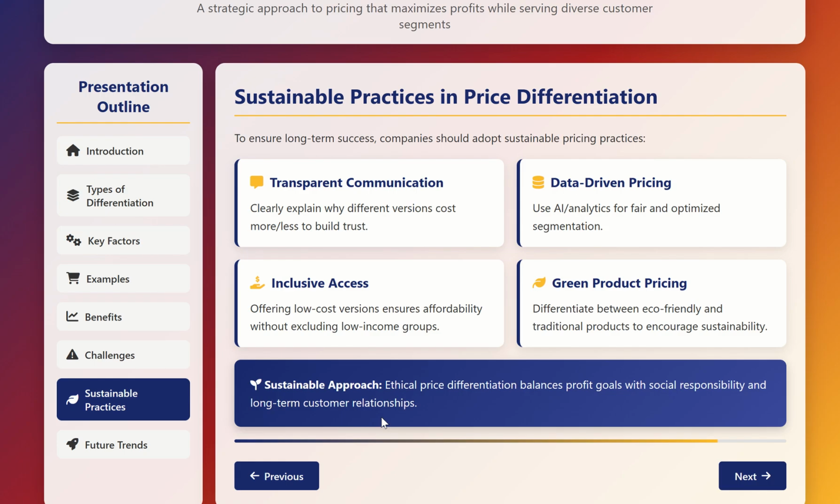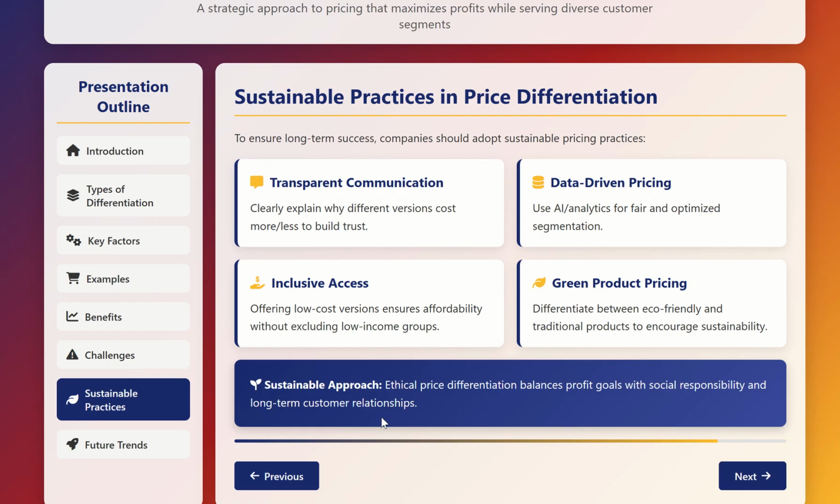First is transparent communication. Clearly explain why different versions cost more or less to build trust. If you are offering iPhone 16, iPhone 10, iPhone 12, you must have a reason why their prices are different. Must be transparent.